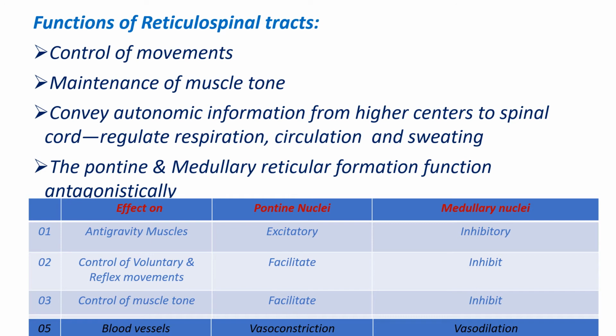So at some moment certain muscles of your body need to have a different tone. This is controlled by the balance between the two, the pontine reticular formation and the medullary reticular formation, via the reticulospinal tracts.